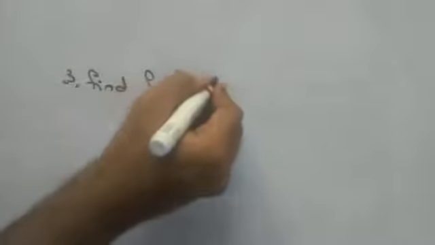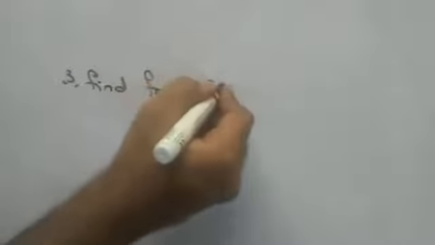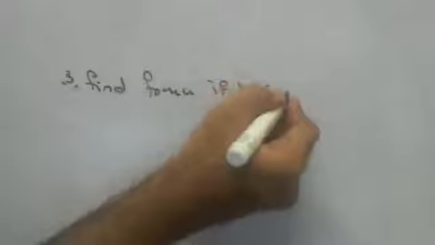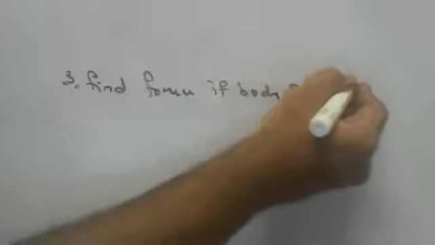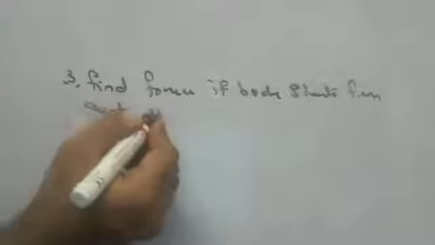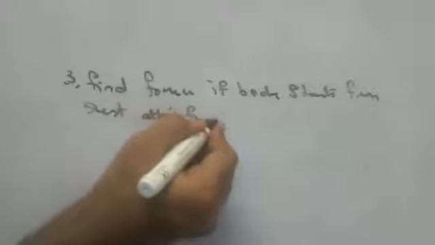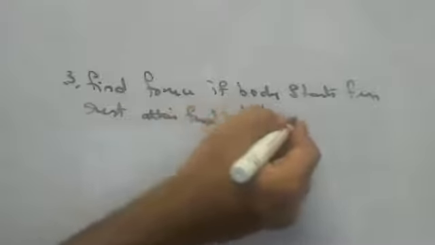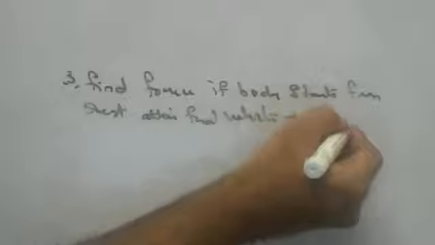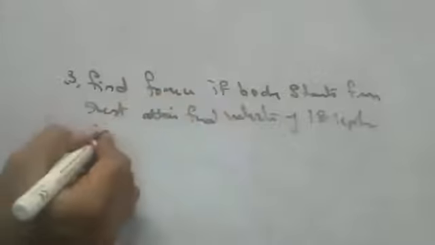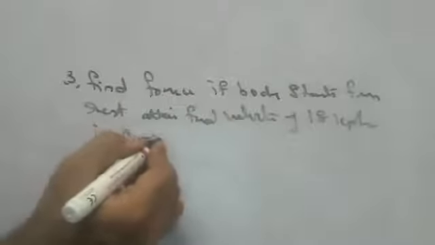Find force if a body of mass 10 kg starts from rest, attains final velocity of 18 kmph in 2 minutes.